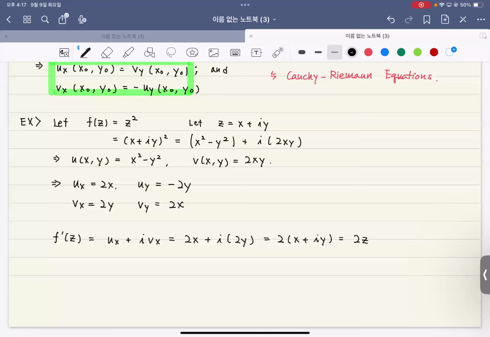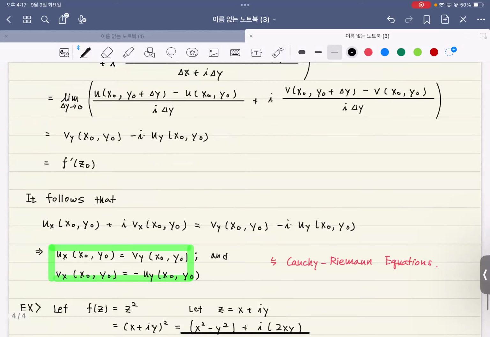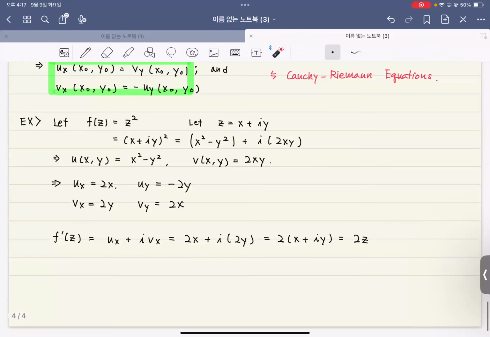So as we expected, the same conclusion can be derived by using this analysis. Or you can also verify this equality. Just try to use v sub y minus I times u sub y, and you can convince yourself that you'll get the same answer, 2 times z.